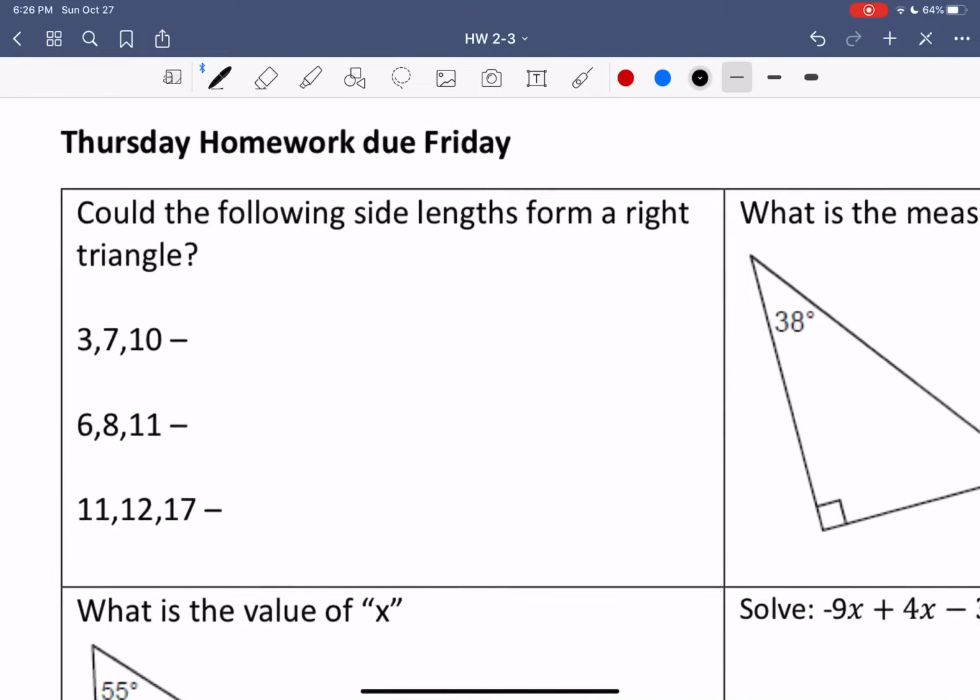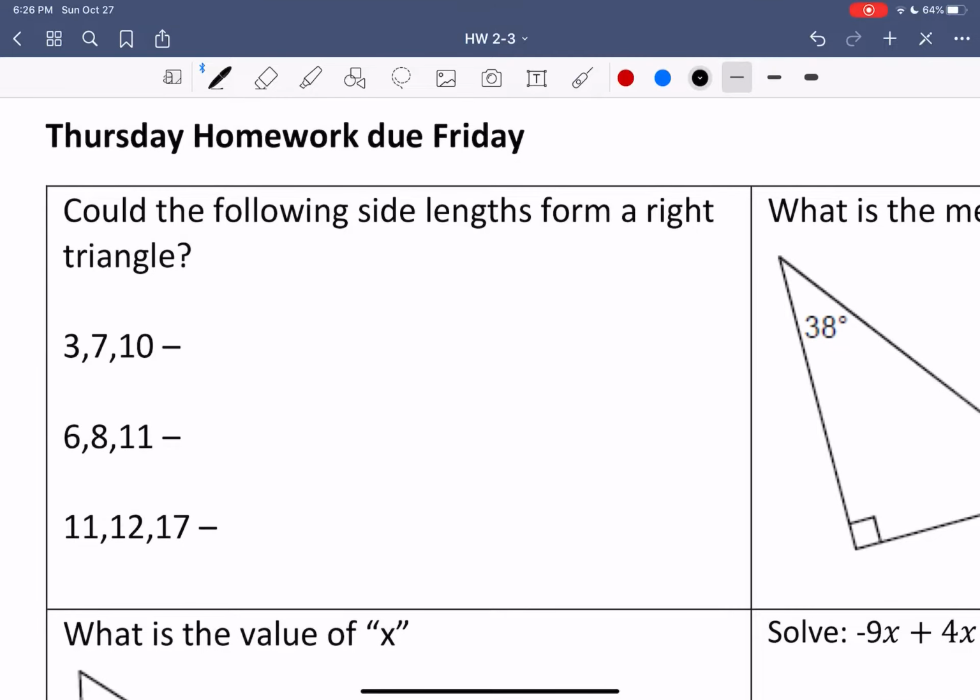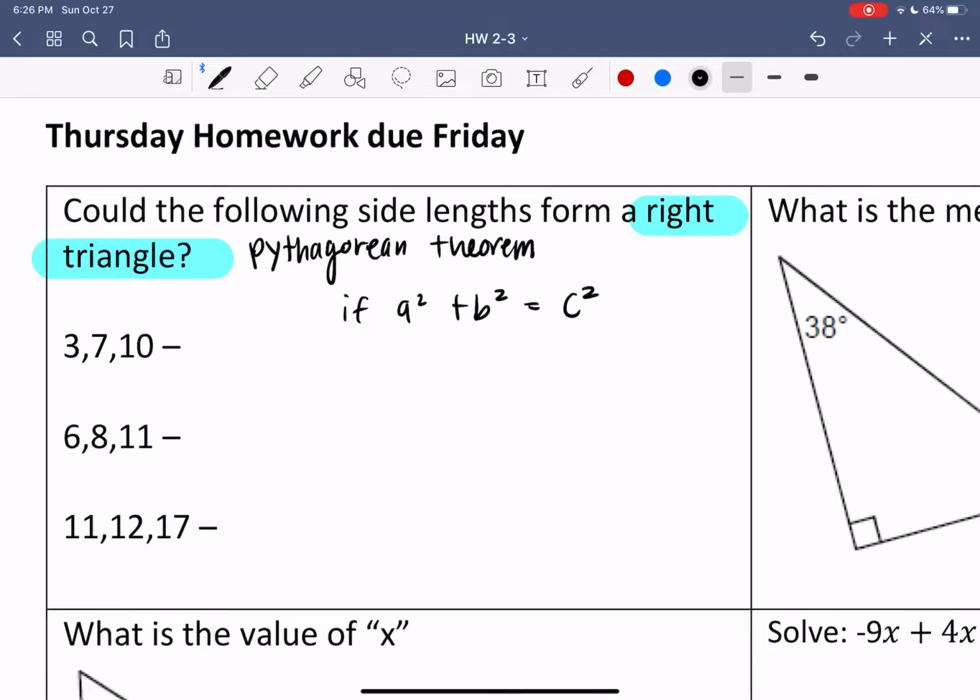And this one here says, could the following side lengths form a right triangle? So if we're working with right triangles, this is the Pythagorean theorem, which is, if a squared plus b squared equals c squared, if they do equal each other, then we do have a right triangle.